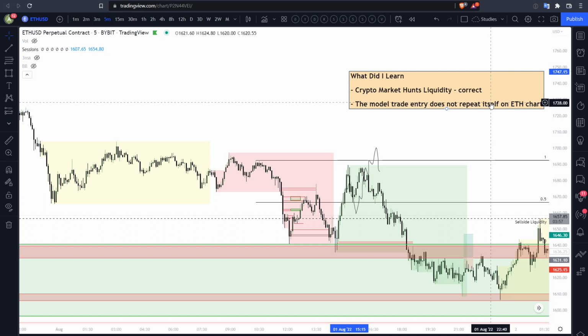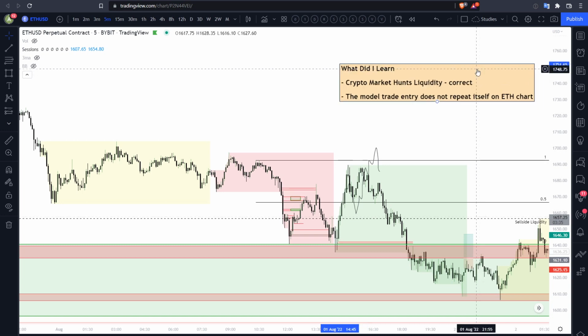Since I was looking for one particular thing, I did dismiss other trade entry opportunities during this session. But now, when I'm aware of it, then I will know what to look for. Even if the thing that I was expecting to happen did not happen, I will be more open to look for other trade setups and other opportunities while the chart progresses.